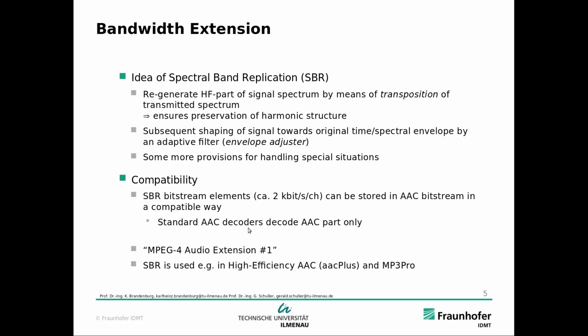So the standard AAC decoders decode the AAC part only, which means without the spectral band replication. This is MPEG-4 audio extension 1, and the spectral band replication is used, for instance, in high efficiency AAC, also called AAC Plus and MP3 Pro.